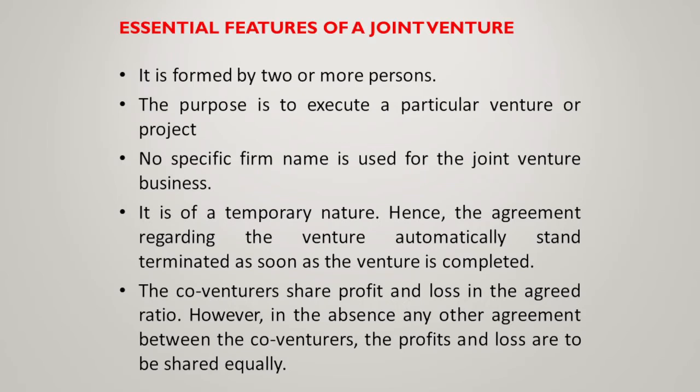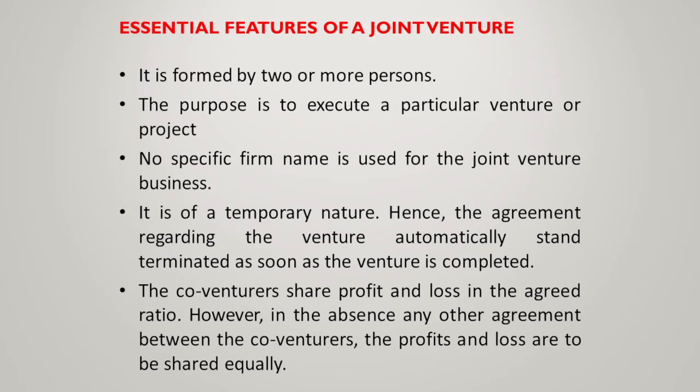No specific firm name is used for the joint venture. For laying a road, 2 kilometers, 3 kilometers or 20 kilometers, you just procure the machinery and labor, complete the work, take a bill from the government, pay the amounts to whom you have to pay and distribute the profit among the 2 people. That's all.